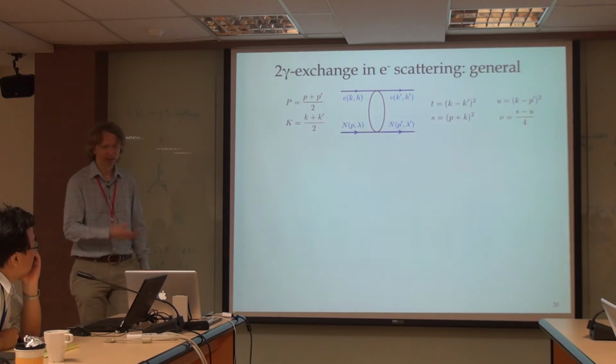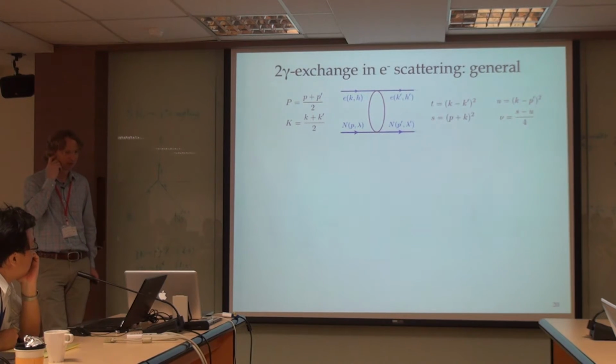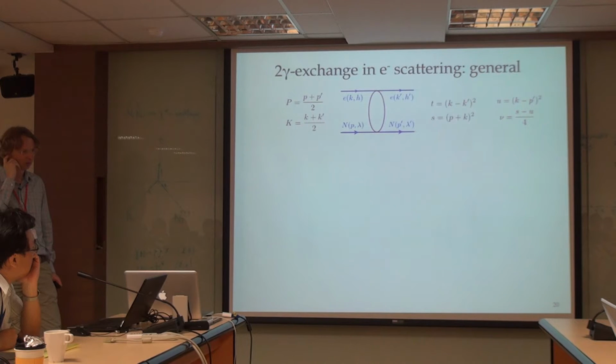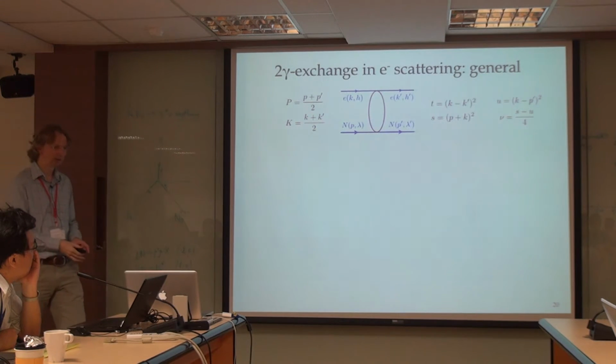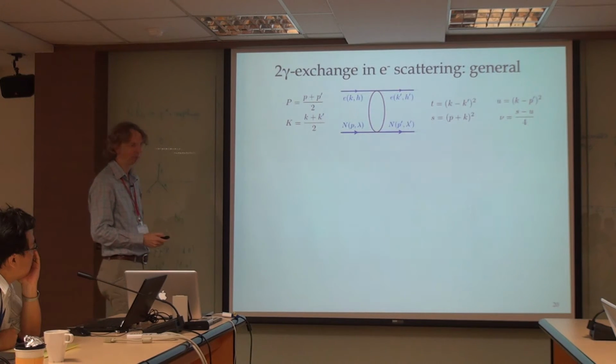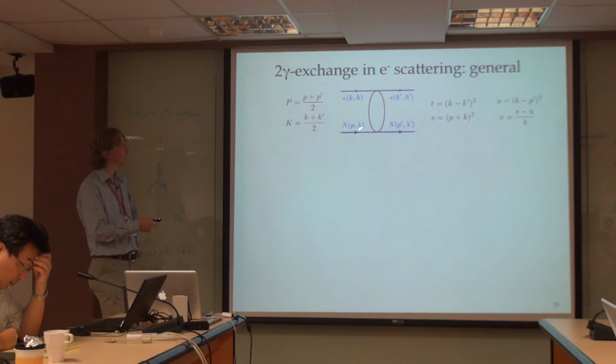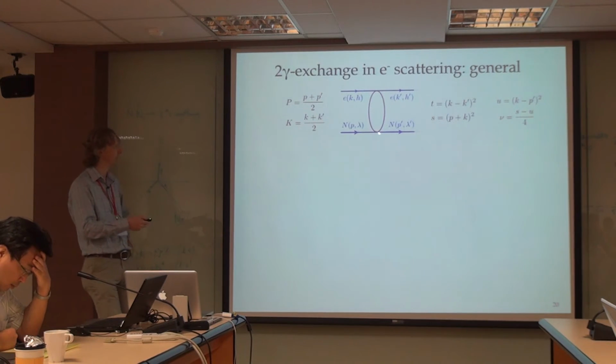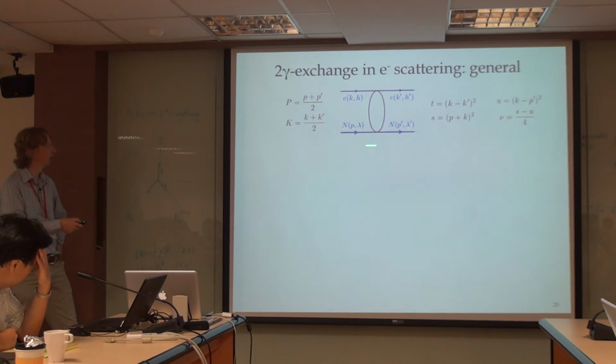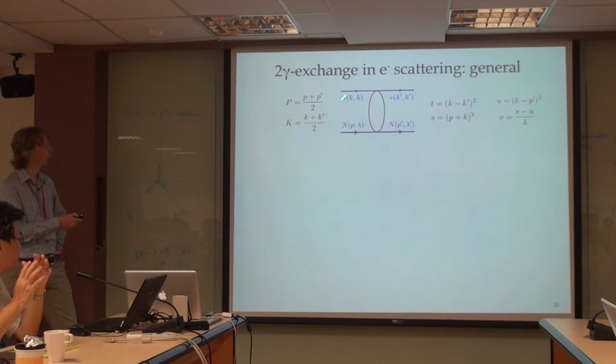And I would like to show you in some detail the model-independent approach to calculate these two photon exchange corrections in general. And for this, let's go back one step. Look at the scattering of electrons from nucleons without assuming anything here, just looking at this as a 4-point function.